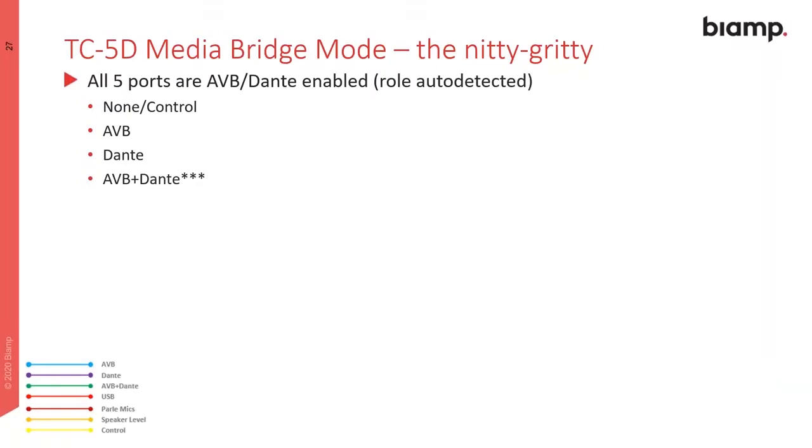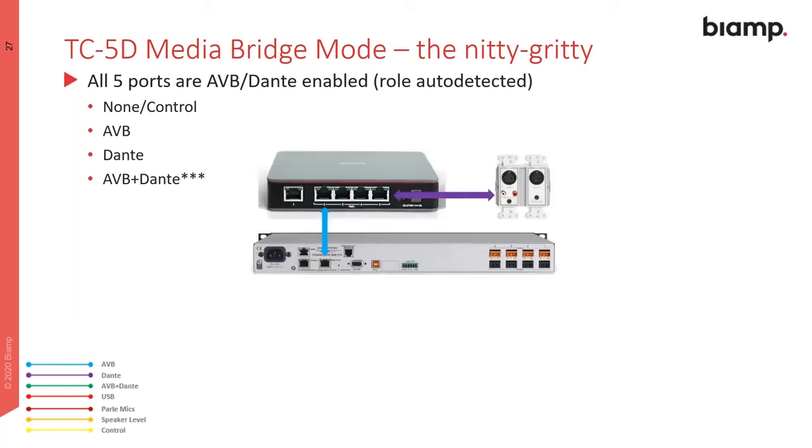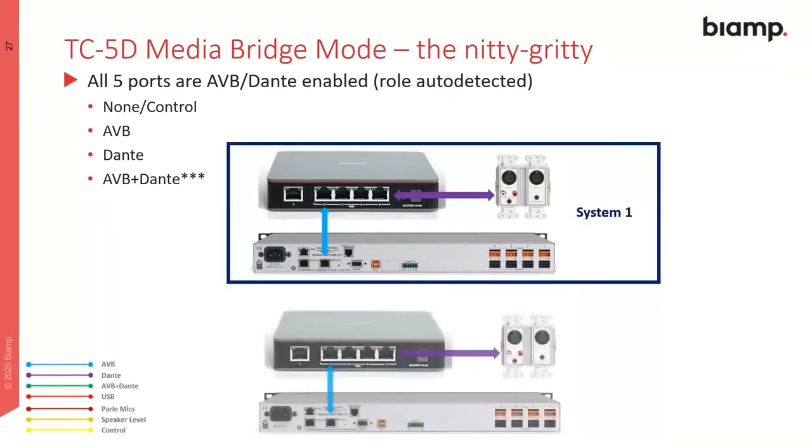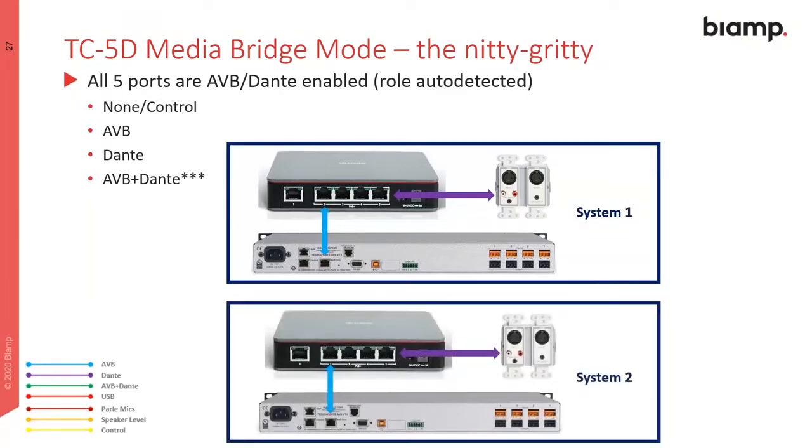So all the ports, as we said, are auto detectable, and can be configured whether it's AVB and Dante, whether it is AVB only or it is a mix of both traffic. So both systems are valid to do so.